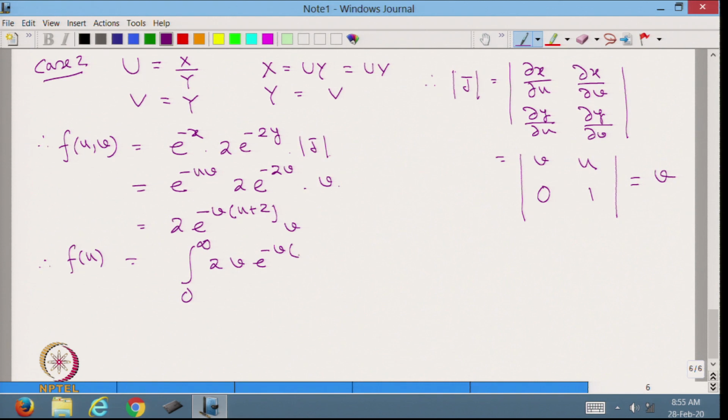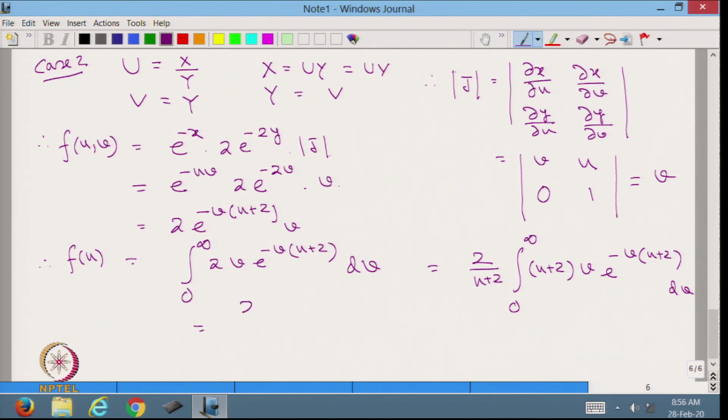power minus v (u plus 2) dv, which is equal to 2 upon (u plus 2) integration 0 to infinity of (u plus 2) v e to the power minus v (u plus 2) dv, which, as before, we can see is equal to 2 upon (u plus 2) into 1 upon (u plus 2), which is equal to 2 upon (u plus 2) whole square.